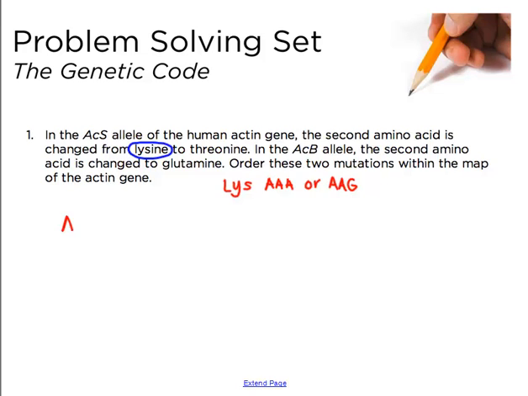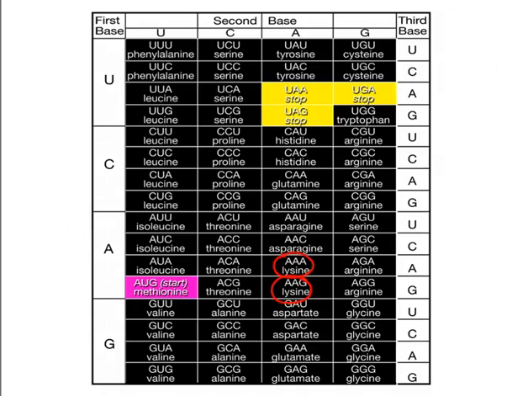Now in the ACS mutation, this amino acid is changed to a threonine. So let's find the amino acid codon for that. Threonine is right here. It could be ACU, ACC, ACA, or ACG. So it's basically AC and a dash, because the third base in the codon can be any base.